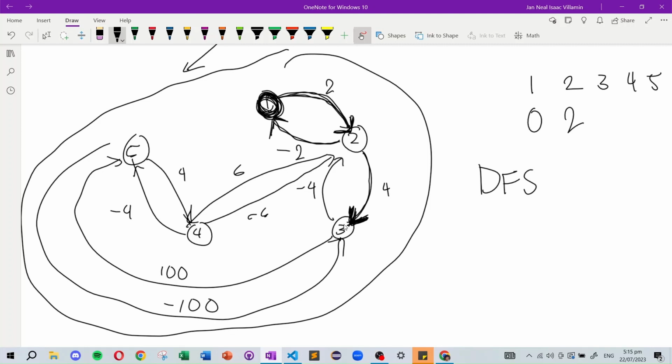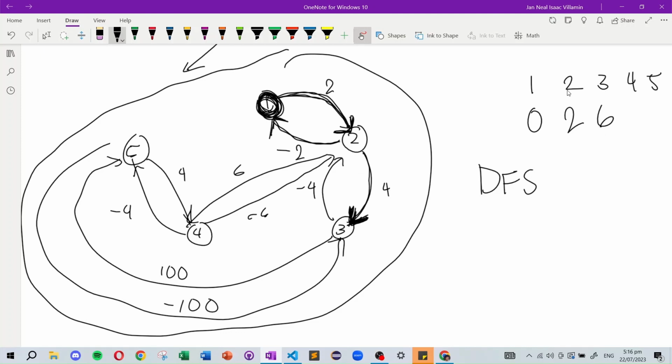So from 2 to 3, it must have a distance of 4. So the total distance of 3 would be 6. And then from 3 to 2, it will be negative 4, but the current distance is now 2.